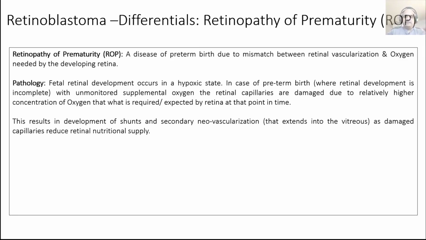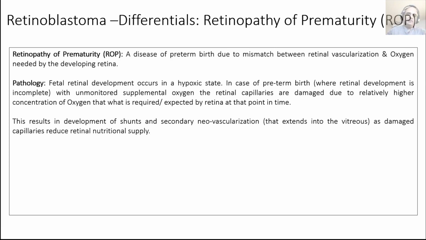And this disease, as I'll show you some pictures, usually starts off as a clear demarcation between a vascularized retina and an avascular retina. And over time, on that margin, or that ridge, or the line which divides the two, you have various types of problems developing. And all those problems are because of damage to retinal capillaries at that growing zone.